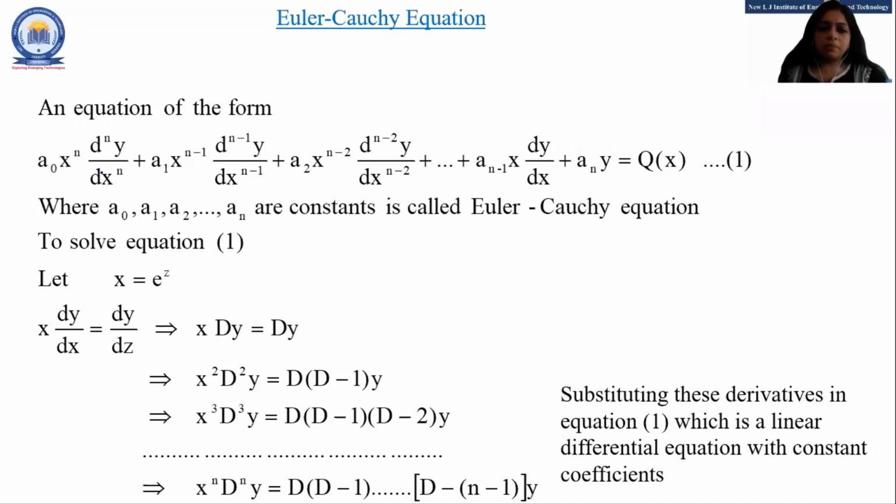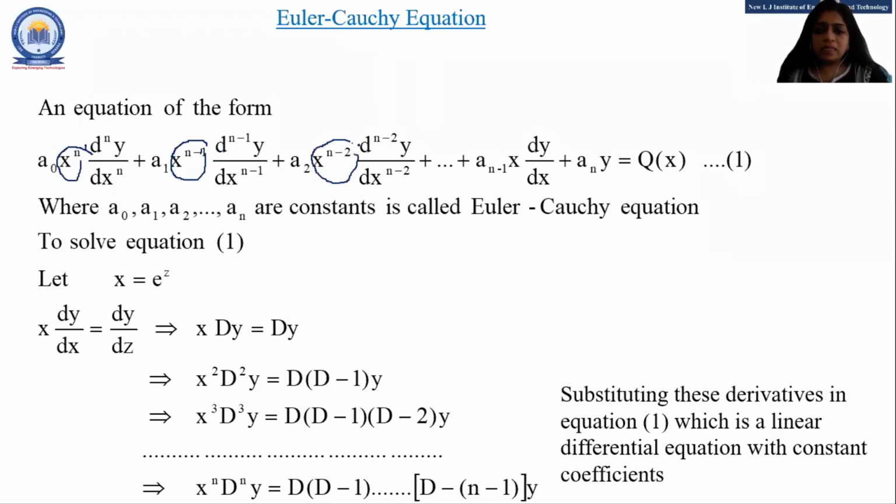See, students, in the previous example, there is no x. Here x or x raised to n is a multiple of d by dx. x raised to n minus 1 is a multiple of d by dx raised to n minus 1, x raised to n minus 2 is a multiple of d by dx raised to n minus 2.